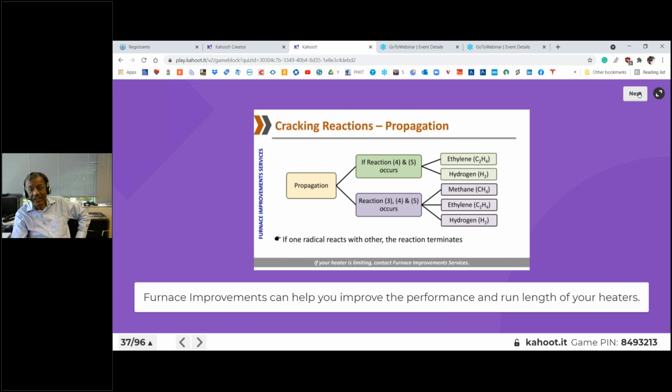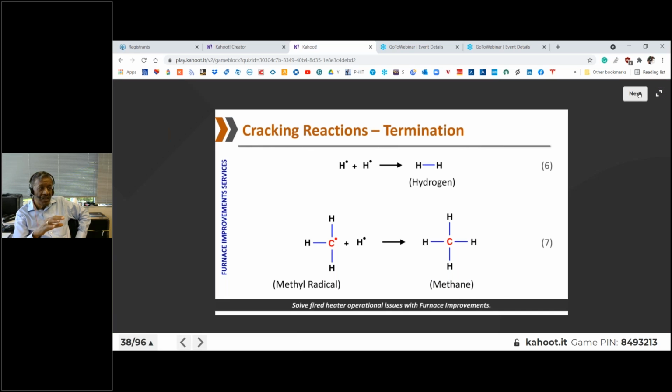And here we are only talking of ethane. In case of propane, it becomes even more complicated. In case of naphtha, it becomes even more complicated because we have lots and lots of compounds. So it is a complicated reaction which is taking place. We are only talking of simple issues here.